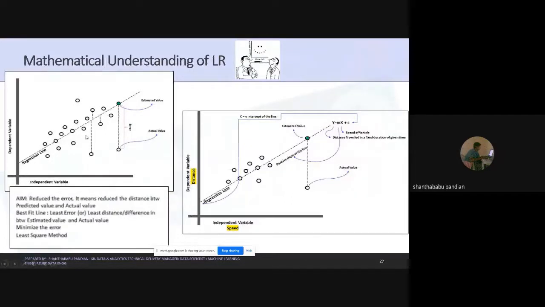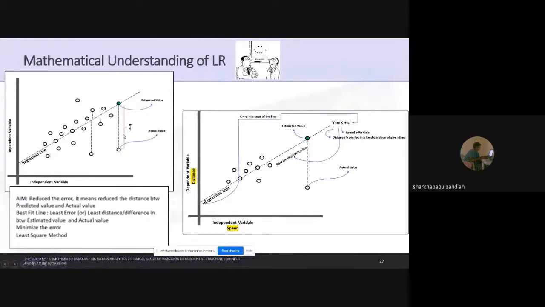So when you fit the regression line, it is the estimated one through your program, and the actual value might be somewhere else. The space in between might be some value, so it is an error.